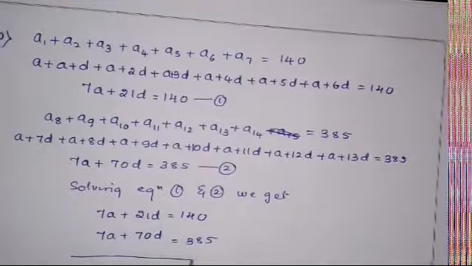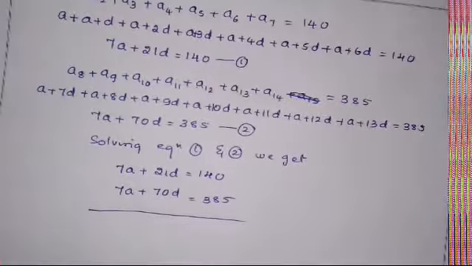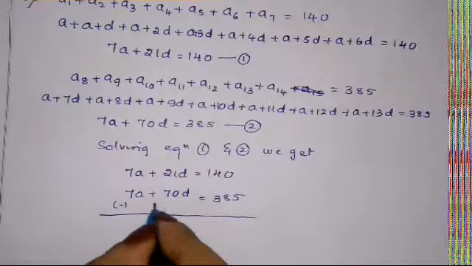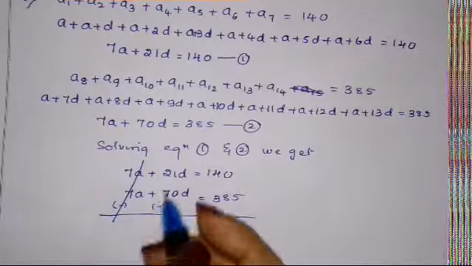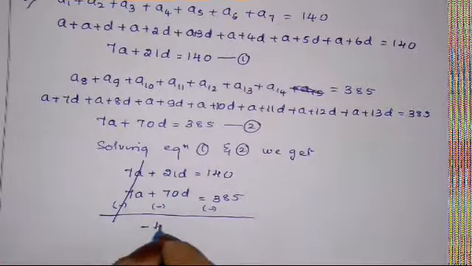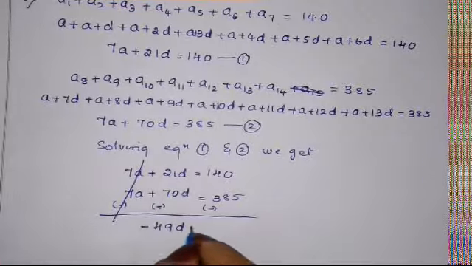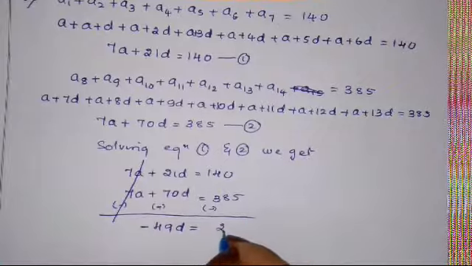Now, we have the same 7A term, but both are positive. Let us change the sign: minus here, and here also minus. 7A gets cancelled. 70 minus 21 is minus 49D, because the greater number 70 has the negative sign, is equal to 385 minus 140, which is 245.